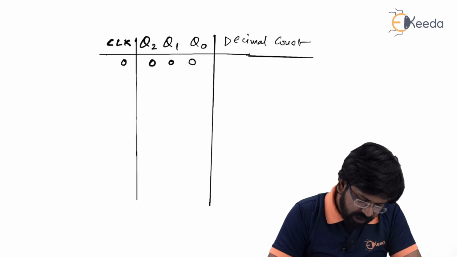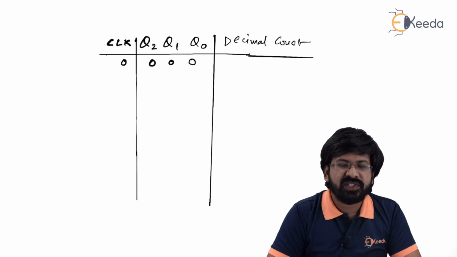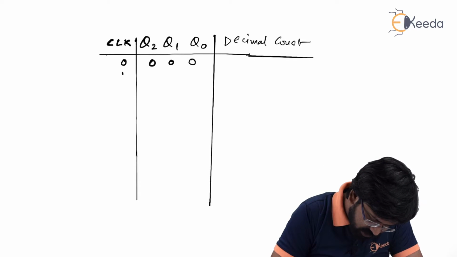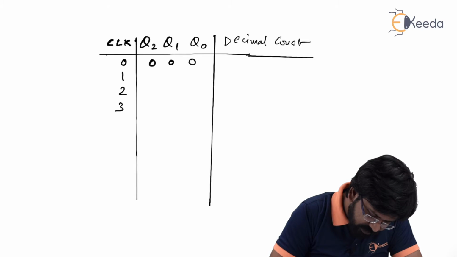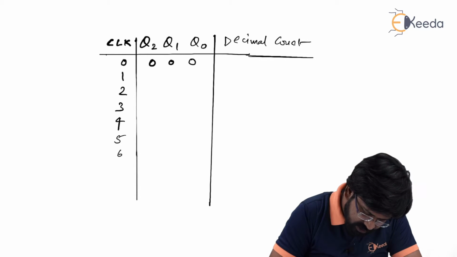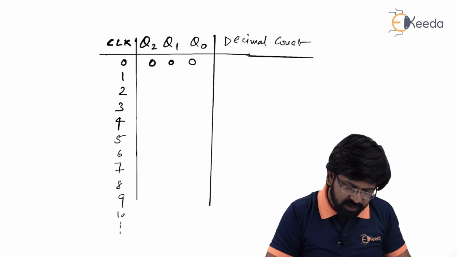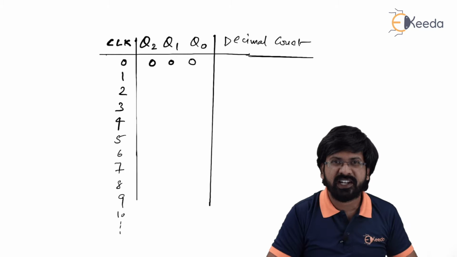Now, at the application of every clock pulse, since it is given to flip-flop number 0, Q0 keeps on toggling. Therefore, at the first clock pulse, second, third, fourth, fifth, sixth, seventh, eighth, ninth, 10th, and so on, if you see the status of Q0, it will keep on toggling itself.